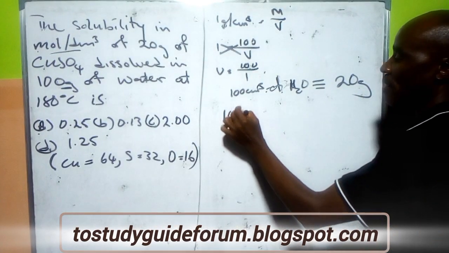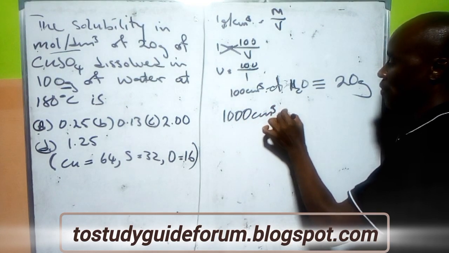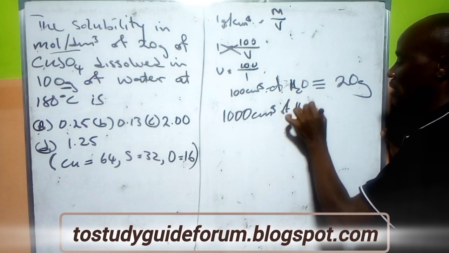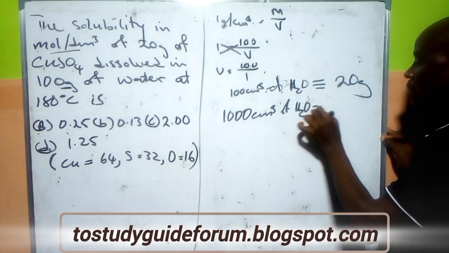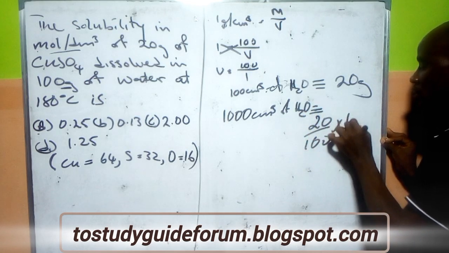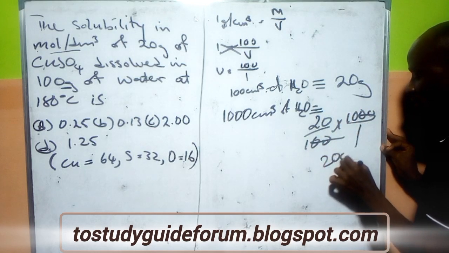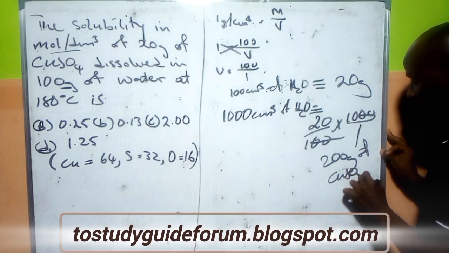So 1 dm cube, or 1000 cm cube, of water will contain 20 over 100 times 1000 over 1. If we cancel that, we have 200 grams of copper sulfate. But that's not what we want.